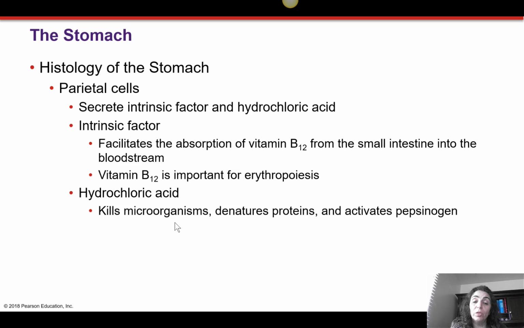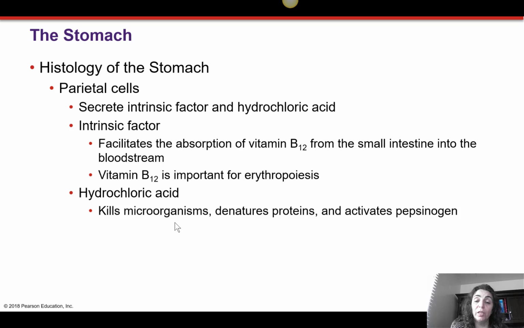So it makes the proteins start getting separated and activates the pepsinogen. This is a function that is important because pepsinogen is a precursor that is not active. It is in inactive form, and that one is also produced by the stomach.